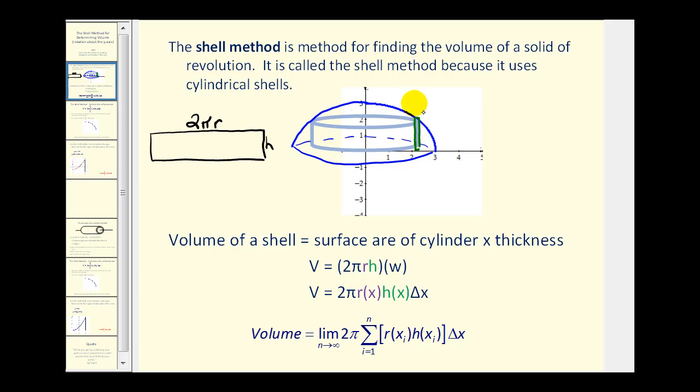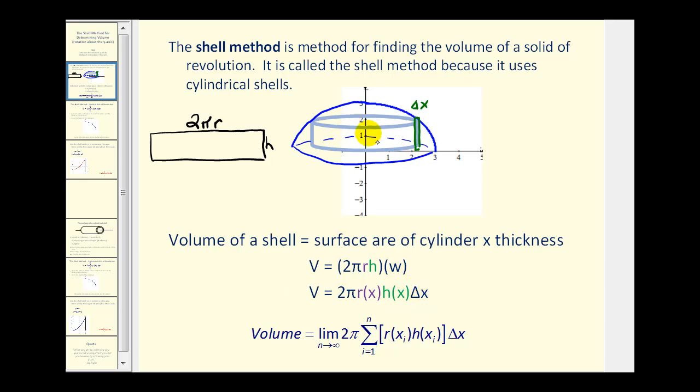And this width would be equal to delta x. So to find the volume of the shell, we have the volume equal to 2 pi r h times the width, and all of this will be equal to 2 pi times what we'll call r of x, the radius function, times h of x, the height function, and the width will be delta x.